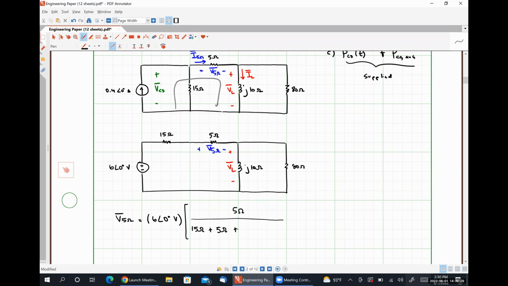And over here on the right, I actually see 2 impedances in parallel. They both share the same voltage, so I'm going to have to put the equivalent impedance here. So that's going to look like j10 ohms times 80 ohms over 80 plus j10 ohms.